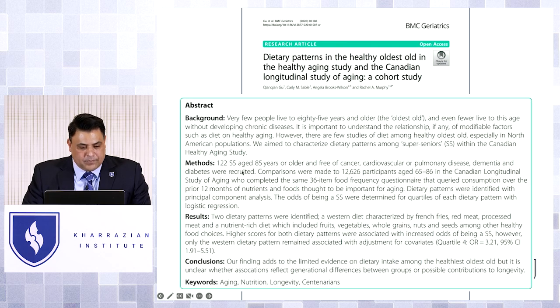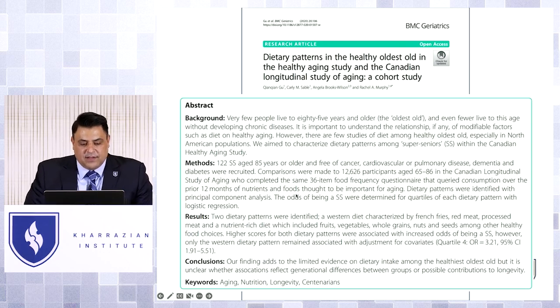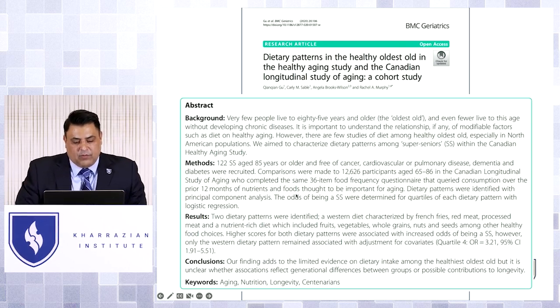They looked at 122 super seniors, age 85 and older, free of cancer, cardiovascular disease, pulmonary disease, dementia, and diabetes. They were all recruited. Comparisons were made with 12,626 participants aged 65 to 86 in the Canadian Longitudinal Study on Aging, who completed the same 36-item food frequency questionnaire on consumption over the prior 12 months of nutrients and foods thought to be important for aging.